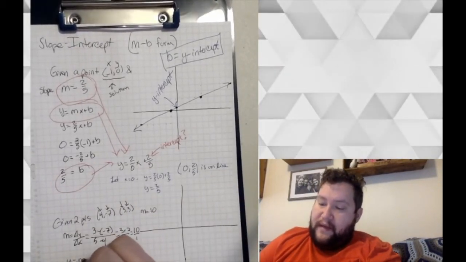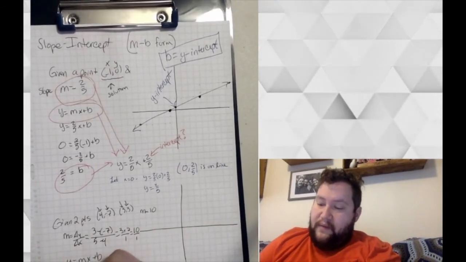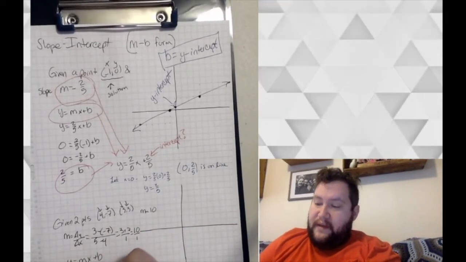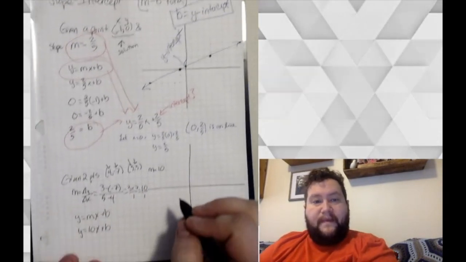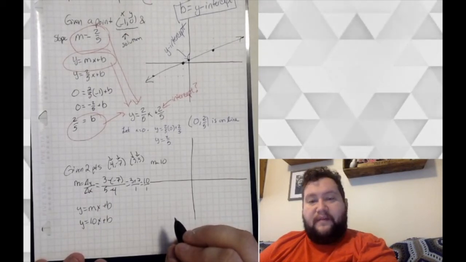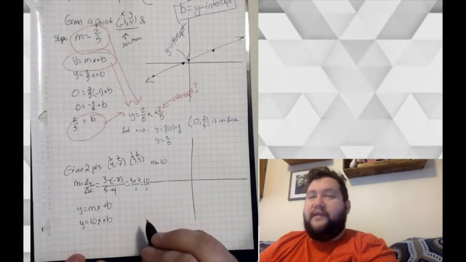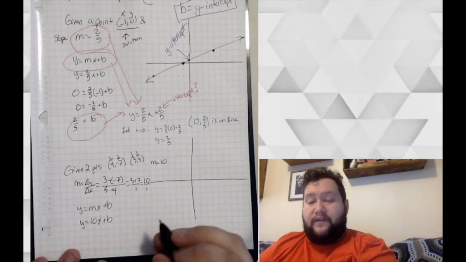Y equals mx plus b. Y equals 10x plus b. And then we can pick either point, because based on our work on the previous page where we were looking at point-slope, we showed that slope-intercept is unique.